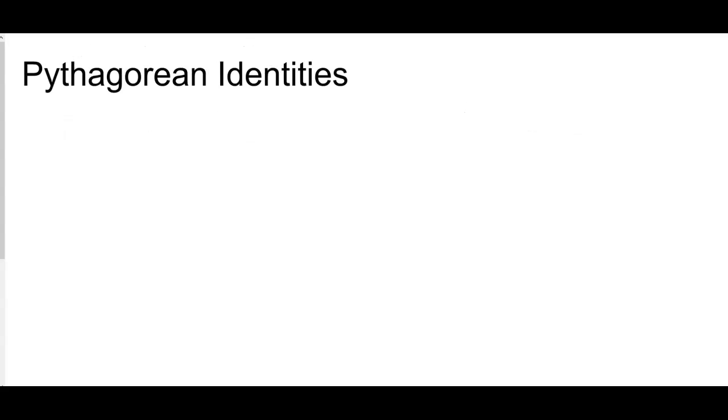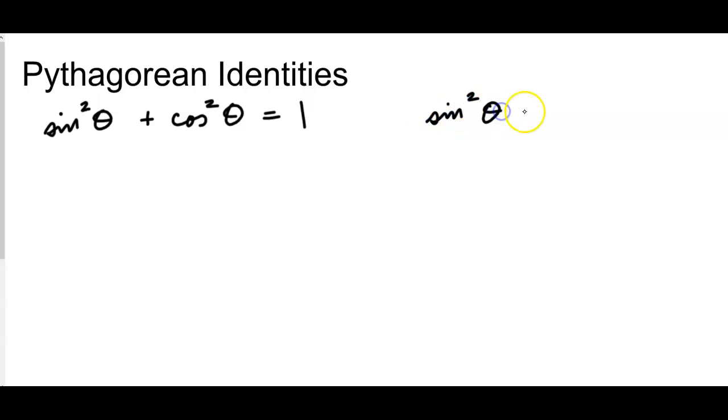The Pythagorean identities, the common one, the first one we start with, is sine squared theta plus cosine squared theta equals 1. Now, if we take that identity, let me rewrite it over here. I'll put the good ones on the right here. I'm just recopying this.